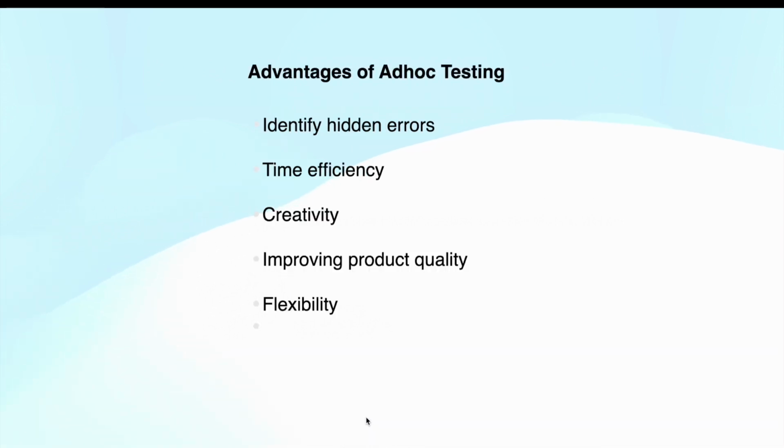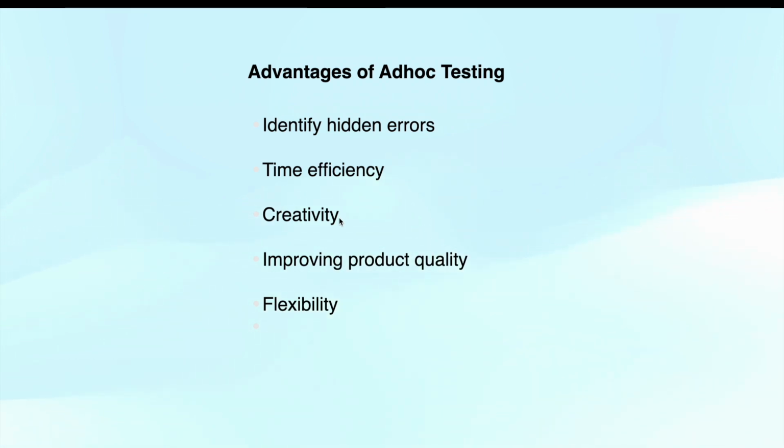What are the advantages of Adhoc testing? First is identifying hidden errors. Adhoc testing can identify errors that may not be caught by formal test cases. Second is time efficiency. It can be performed quickly, making it useful for finding immediate issues.